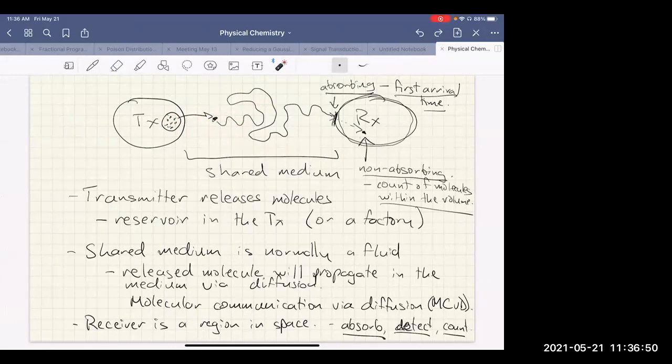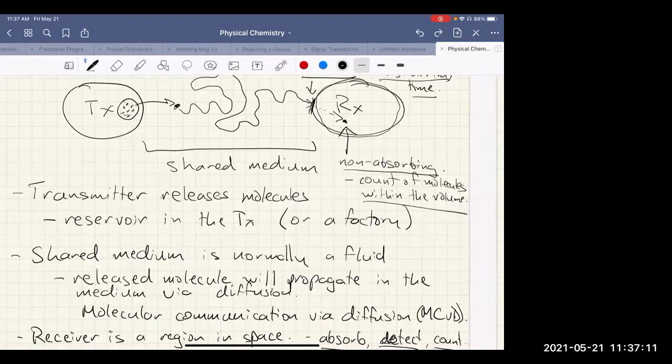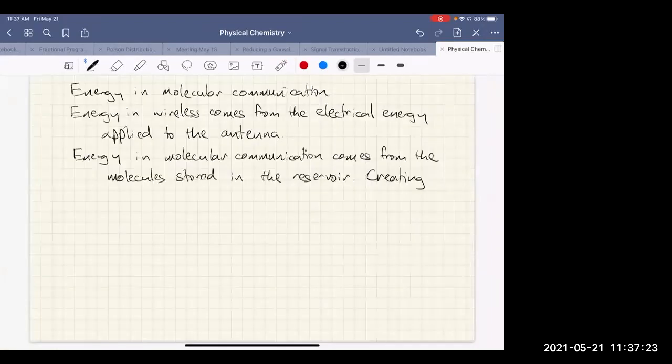Actually, there's no energy required in this process, at least from the transmitter's perspective. But the energy expended by the transmitter is the energy required to create this reservoir. So creating the reservoir takes energy.